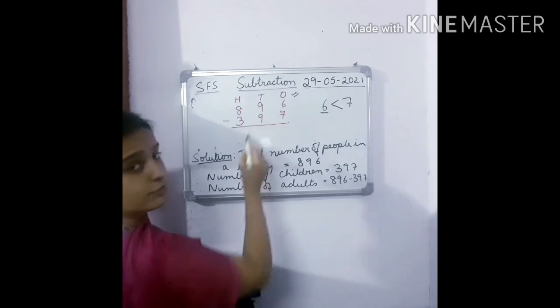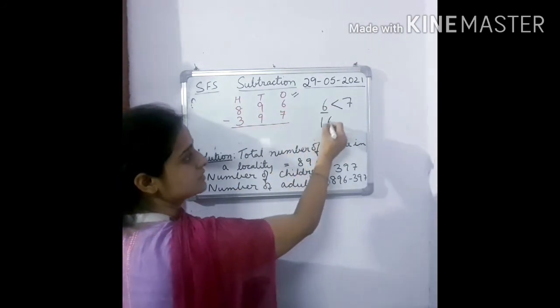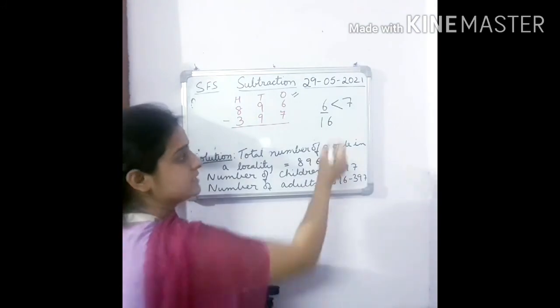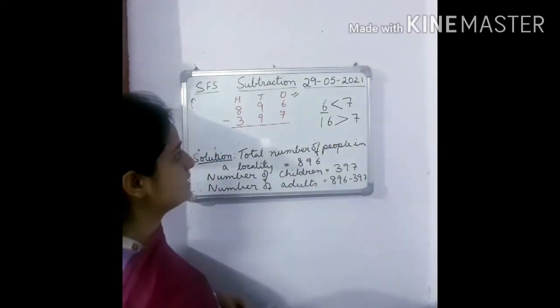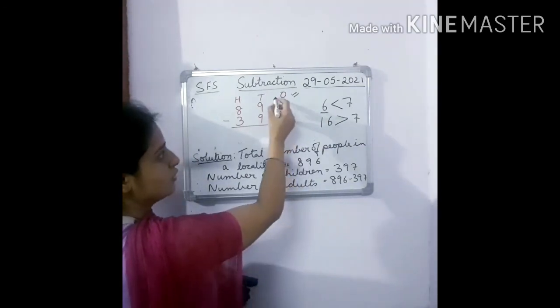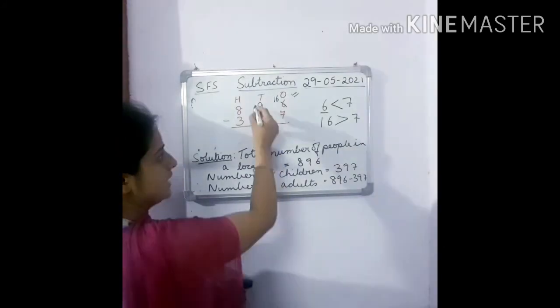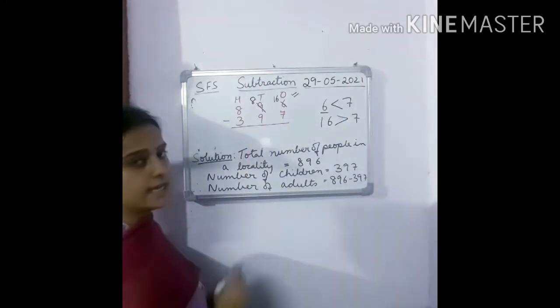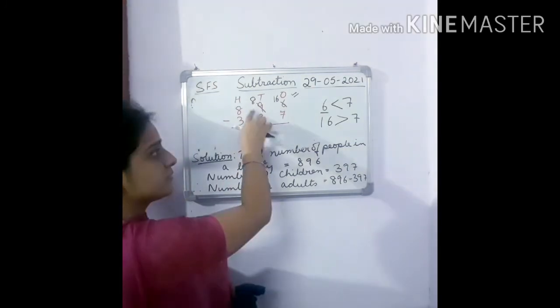By taking 1 from 9. So if we take 1 from 9, this 6 becomes 16. And 16 is bigger than 7. This we can subtract very easily. So let's borrow 1 from 9 and make this 6 into 16. And this 9 will become 8, because it gave one, right? So 1 will reduce from 9.